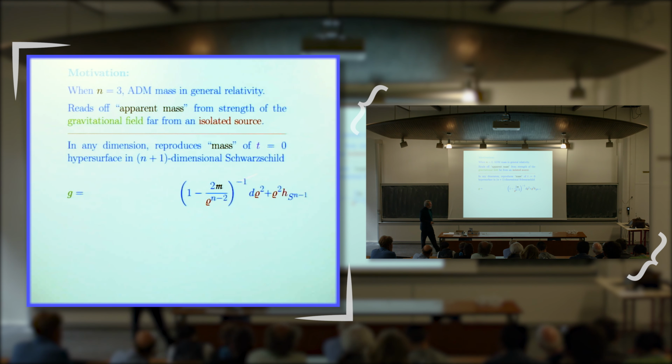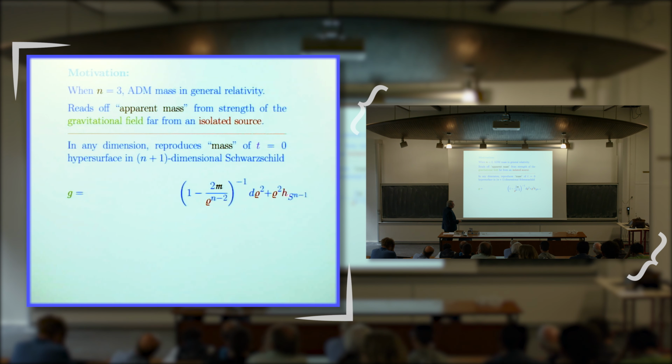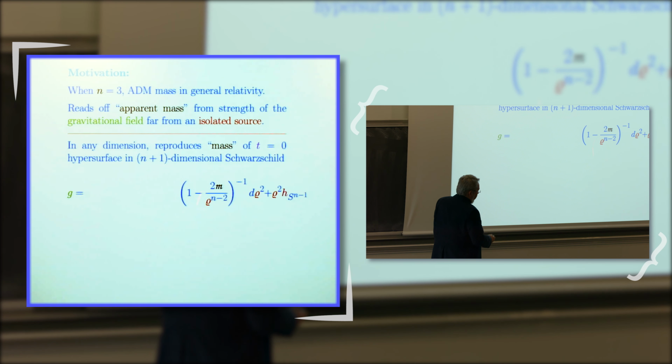And here the manifold that it's defined on is an n-1 dimensional sphere times an interval in the real line. So you could think of that as being diffeomorphic to the exterior of a ball in Euclidean space just by taking polar coordinates. And if this was exactly Euclidean space, this coefficient would be 1.